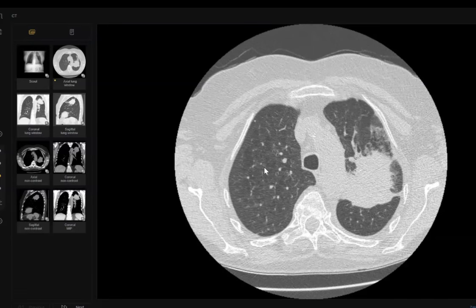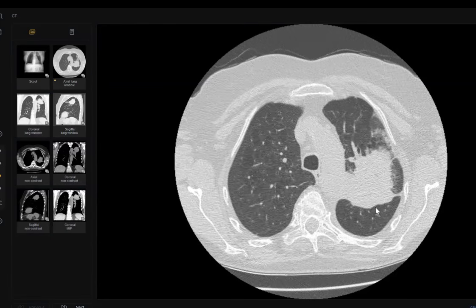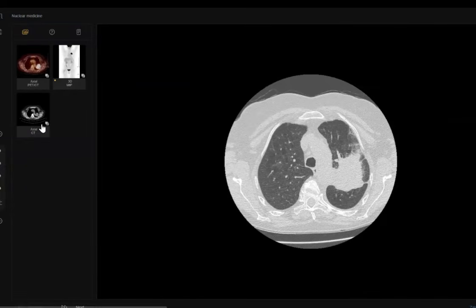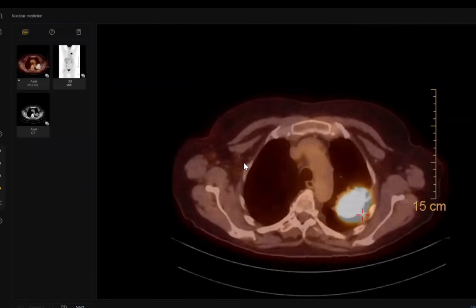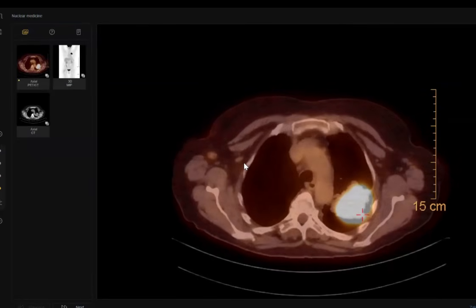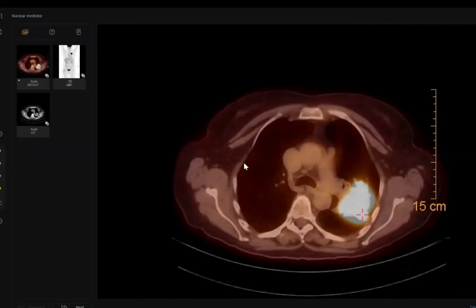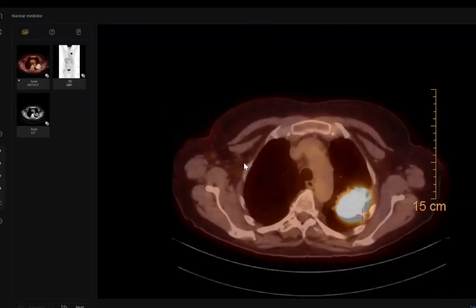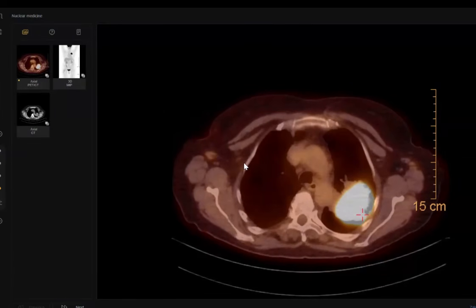Nowadays, PET CT is the second issue we should do after or before biopsy. Okay, why? Because we don't know the viable tissue here. When we do PET CT, the PET CT demarcates which part is viable, so it will guide the proper site of biopsy. This is a very important point.